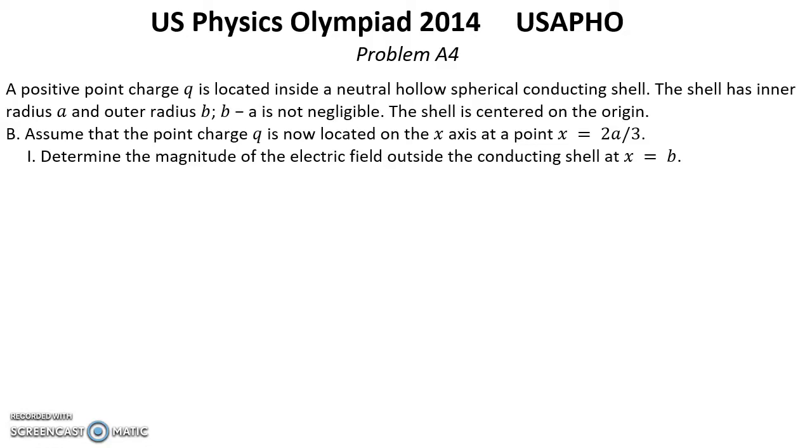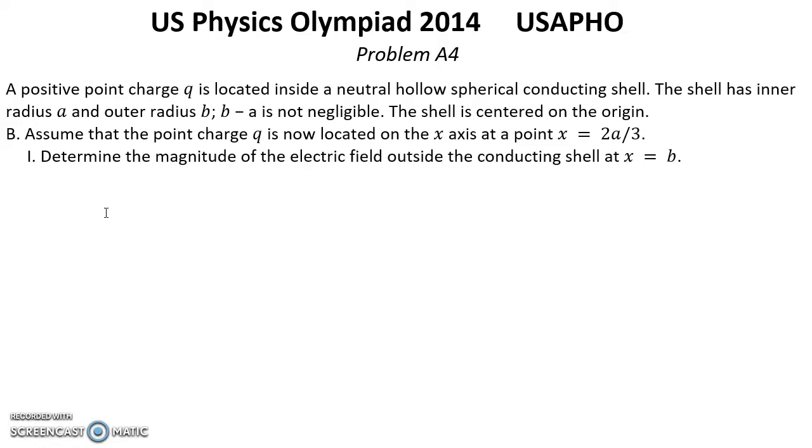Solution. Because inside the shell the electric field is still 0, it means that we have a negative charge Q distributed on the inner surface, but now it's not distributed uniformly. It's distributed exactly the way needed to cancel the charge's field at point 2a over 3, which is not symmetrical.